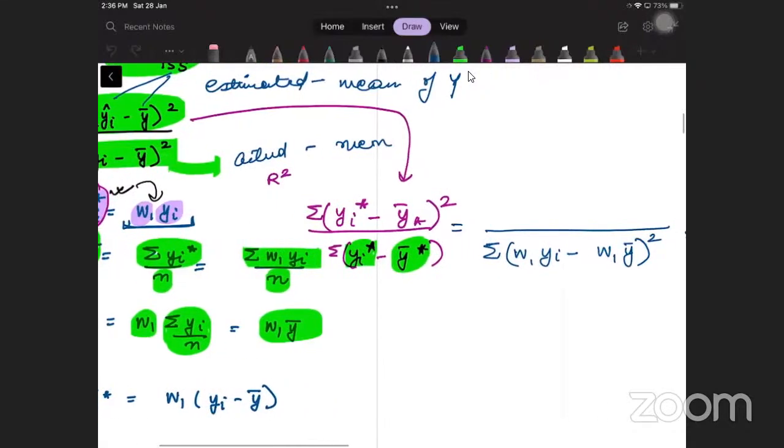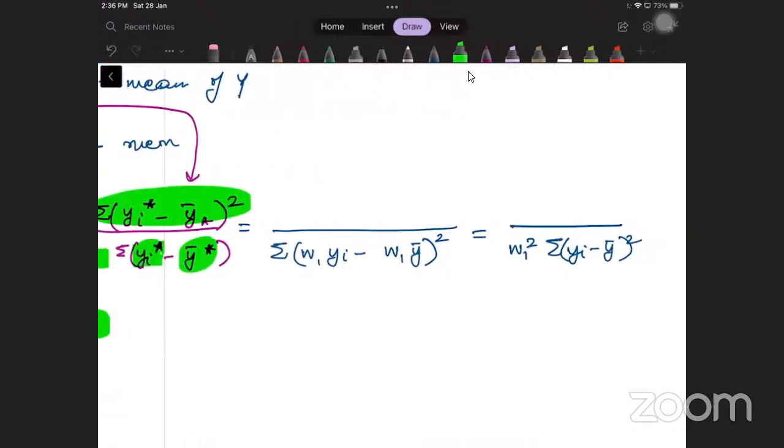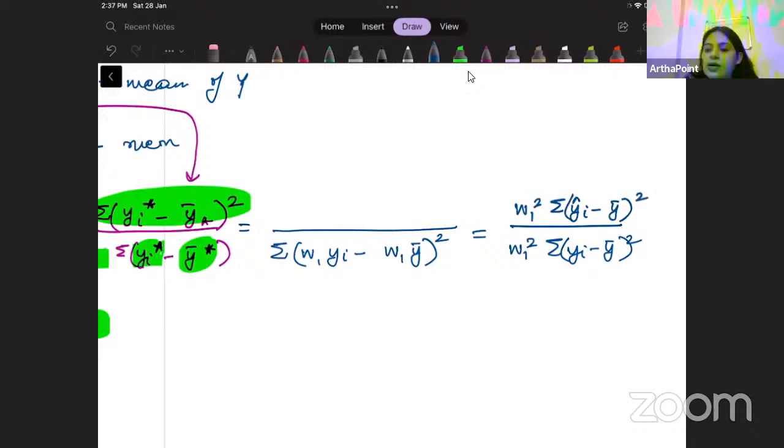On a very similar basis, if you solve for the numerator, you will get w1 square summation yi hat minus y bar whole square. So actually this w1 square and w1 square will cancel out.